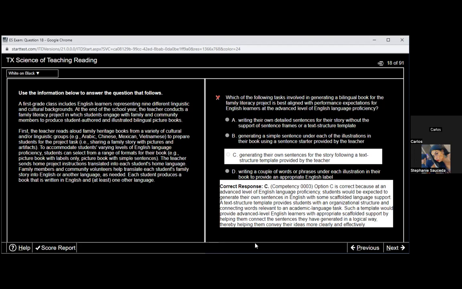We have expectations that we grade them by at the end of the year with the TELPAS assessments. There's expectations for each of them in oral language proficiency, which is listening and speaking, and then in their reading and writing, right? Listening, speaking, reading, and writing. And there are descriptors and expectations for each of them at each level.